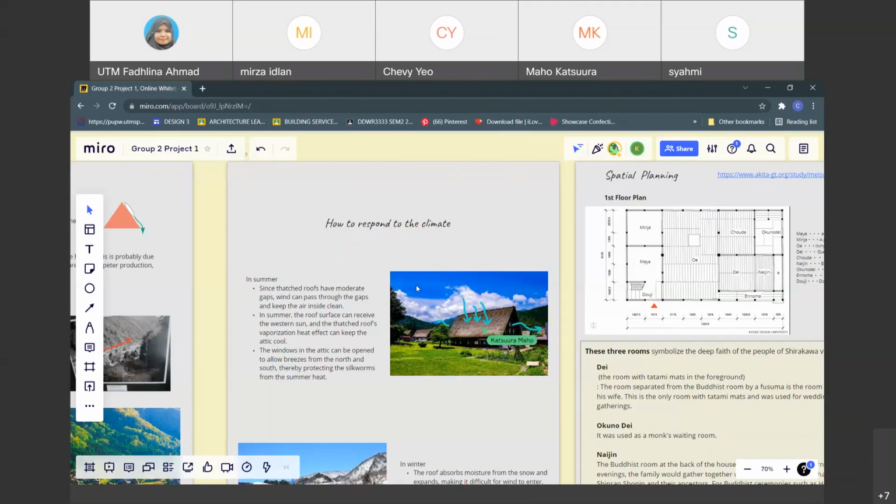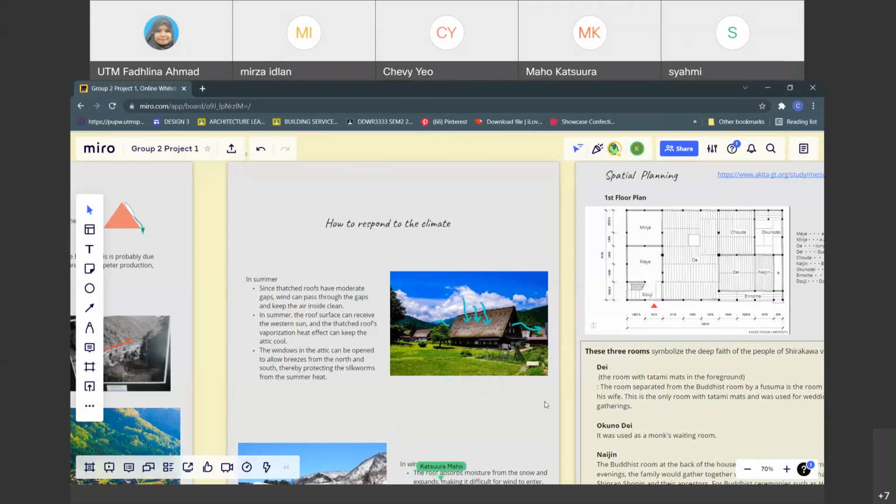In summer, the roof surface can receive the western sun, and the thatched roofs' vaporization heat effect can keep the attic cool, and the windows in the attic can be opened to allow breezes from the north and south, thereby protecting the silkworms from the summer heat.